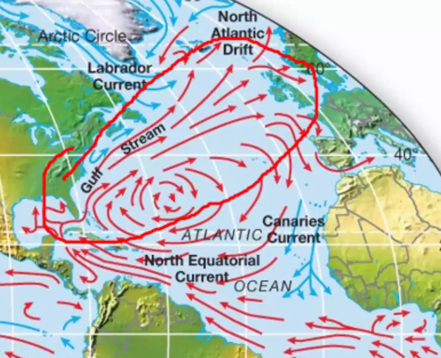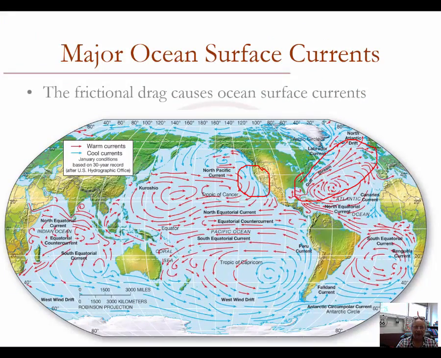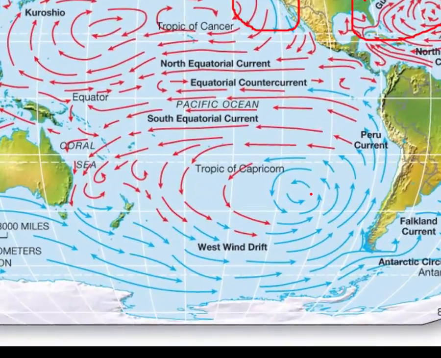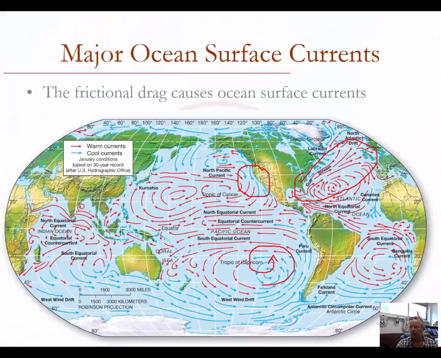The same pattern is replicated over the entire Pacific and Atlantic Oceans. The only difference in the South Atlantic and the South Pacific is that the direction is counterclockwise down there, where it is clockwise in the northern hemisphere.